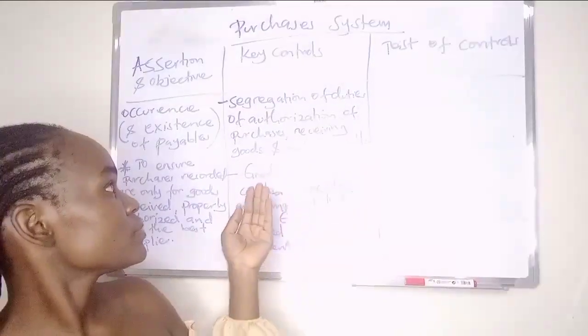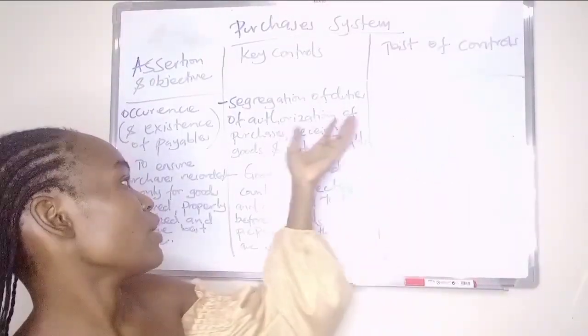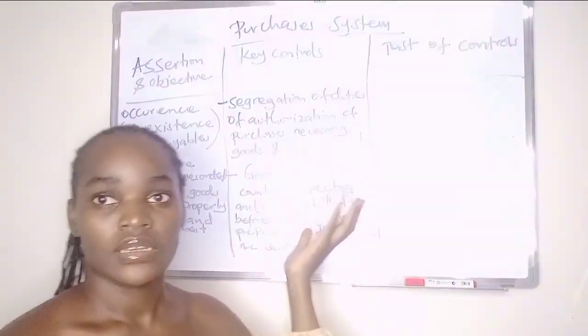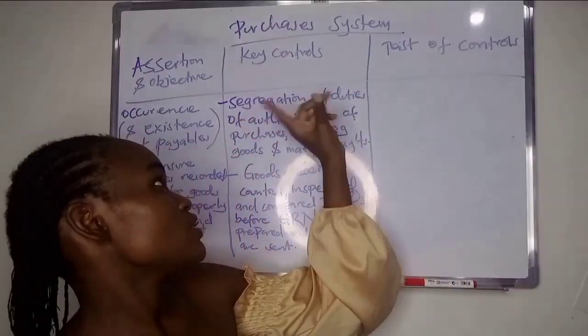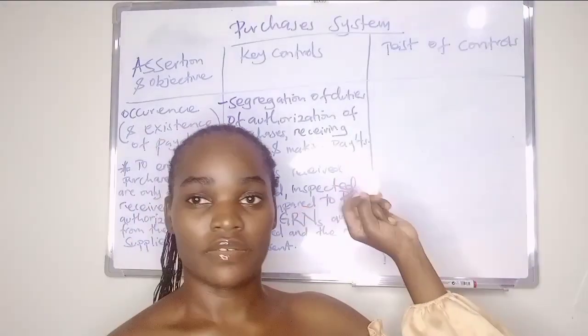Now, the test of controls: how can these two be tested? As I told you, the test of controls depends on the controls we're given.